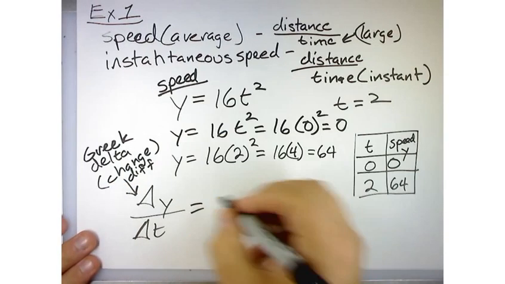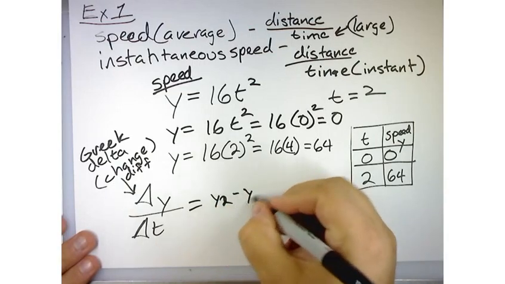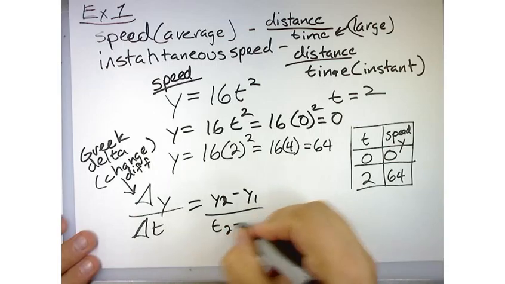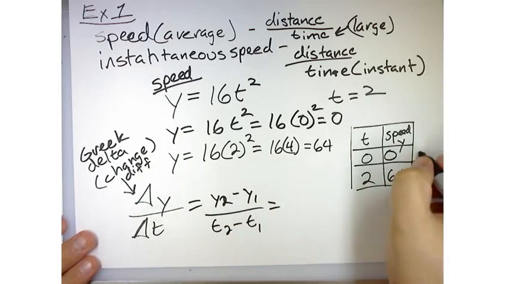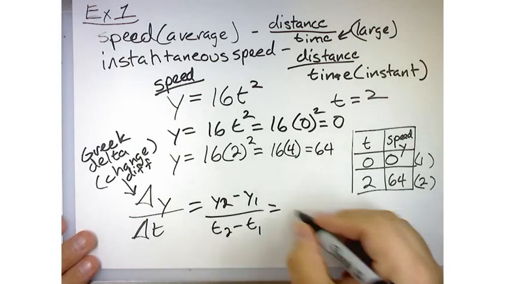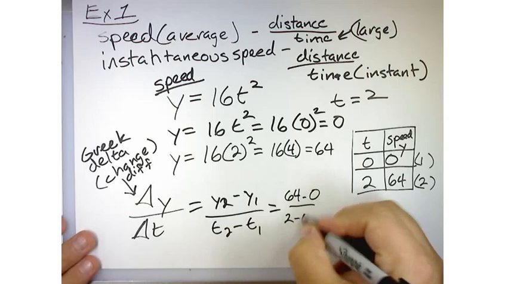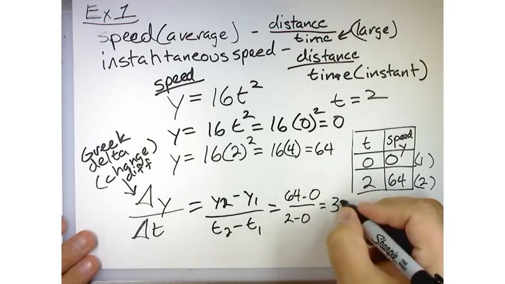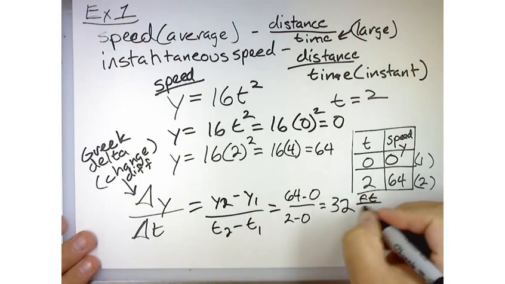So this would be y2 minus y sub 1 all over t2 minus t sub 1. So we're going to let this be our first set. This will be our second set. And so if we plug that in, what we would end up with is 64 minus 0 all over 2 minus 0, which is equal to 32. So the average speed is 32 feet per second.